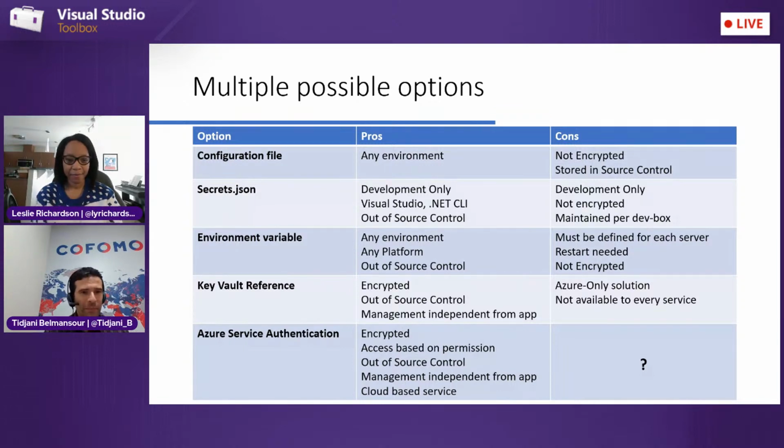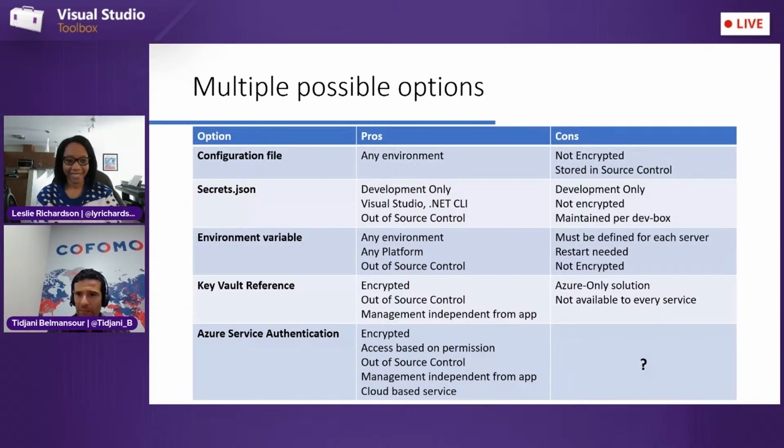Another way is environment variables. This one can be used on any environment and any platform. Whether you are running on Windows, macOS, or Linux, you can use environment variables, and you can keep secrets outside of the source control.